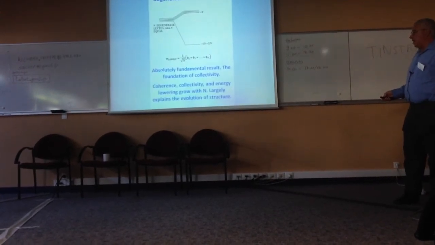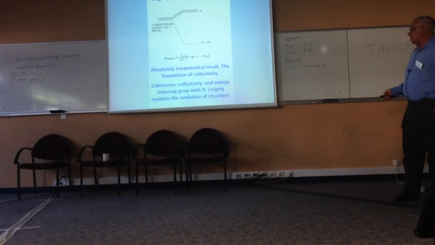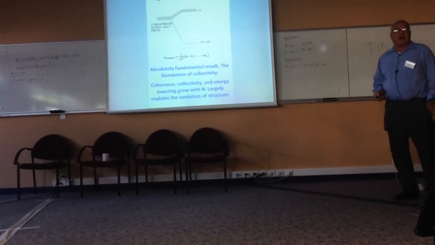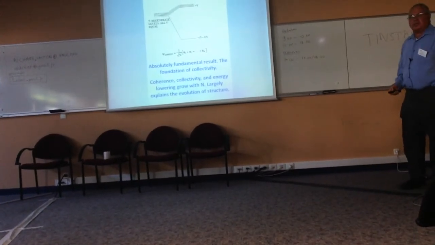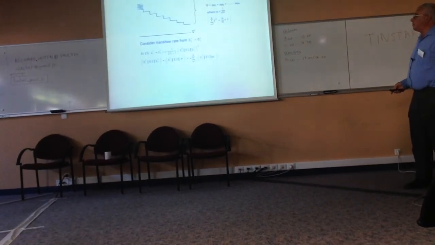So that's absolutely fundamental, the foundation of collectivity. Coherence, collectivity, and the energy lowering all grow with n, the energy goes down as n minus 1, so the more states you have interacting, the lower the collective state will be. And as I said, this largely explains a lot of the general features of the evolution of structure.